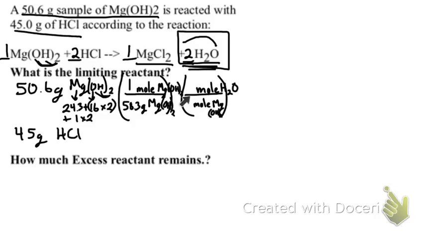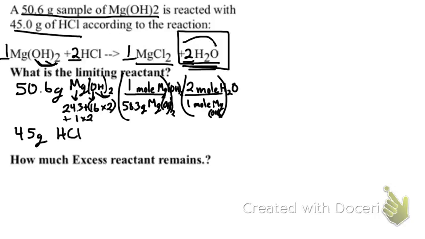Now, the numbers we use to populate these spaces come from our balanced chemical equation, because the mole-to-mole ratio always comes from the balanced chemical equation, and this is our mole-to-mole ratio. So moles of H2O looks like it's a 2, so we'll put a 2 out front. And moles of magnesium hydroxide looks like a 1, so we'll put a 1 out front.